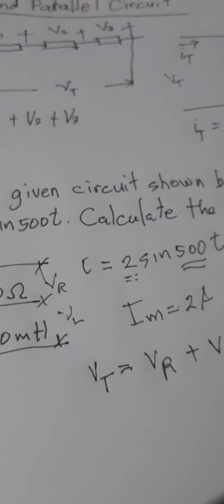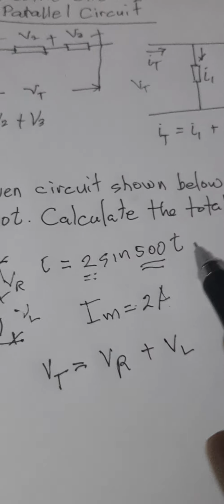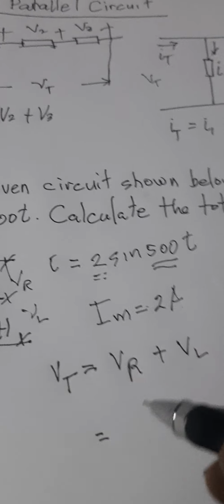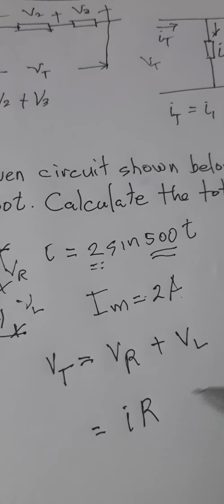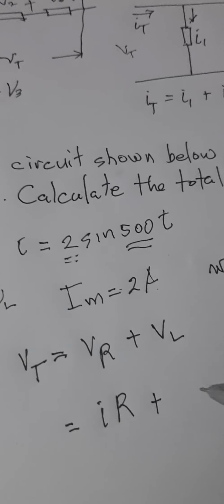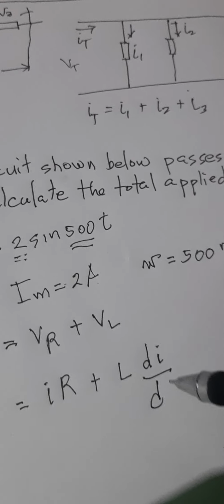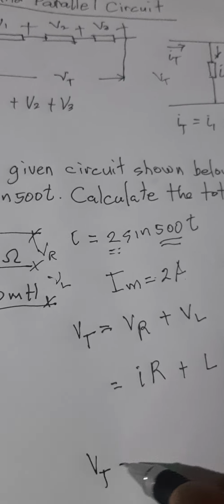Okay. Then, since current is 2 sine 500t, yung voltage across the resistor is I times R in general, and the voltage across the inductor is L times the derivative of i with respect to time.